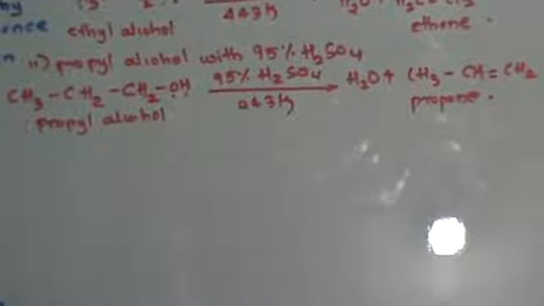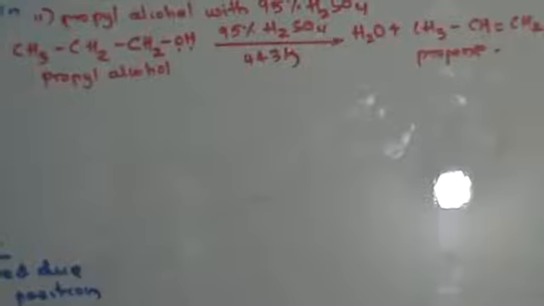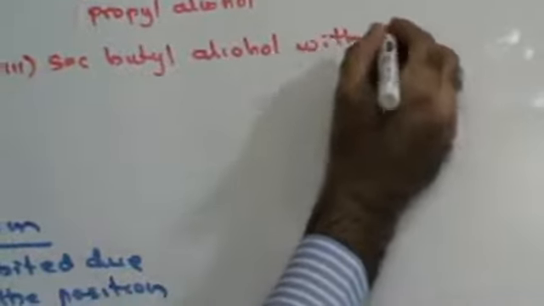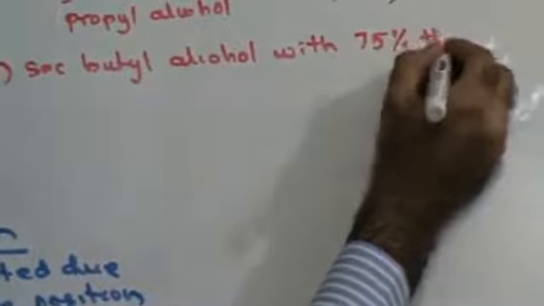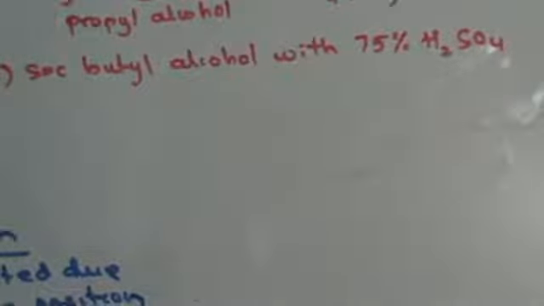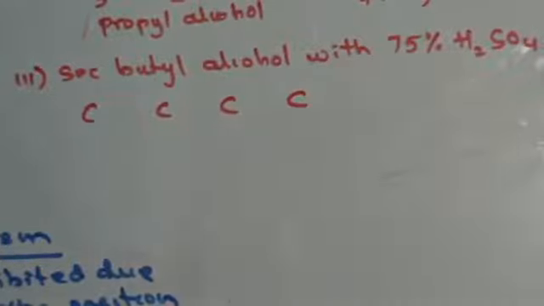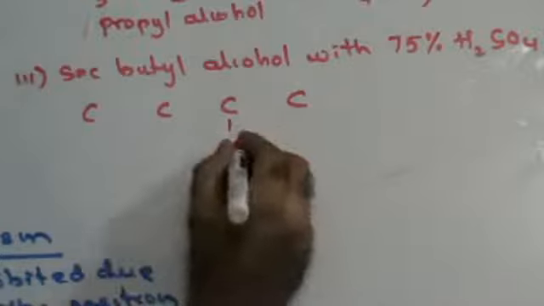For example, what would happen if sec butyl alcohol is treated with 75% sulfuric acid? Butyl means 4 carbon atoms. Sec butyl alcohol means the alcohol is attached to the second carbon atom.